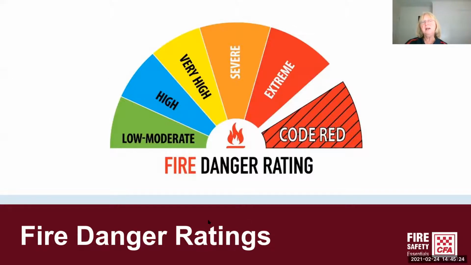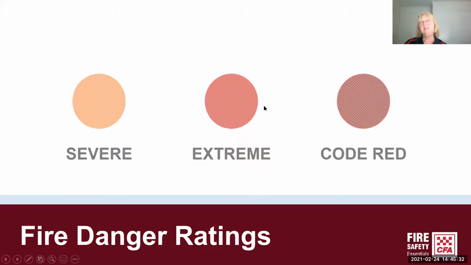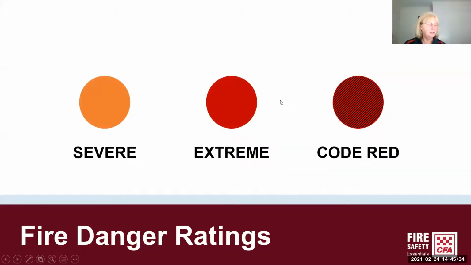So I might explain now, if I stop sharing those results and close our box, just explain what that means in relation to the fire danger rating. So a fire can start at any time. Even on a low moderate day, a fire can start.